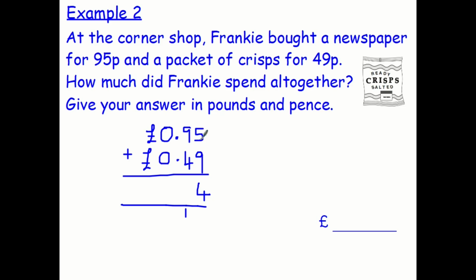So 5 plus 9 is 14, put the 4 there, carry the 1, 9 plus 4 plus 1 is 14, and carry the 1 again, and make sure you put the decimal point absolutely in line. 0 plus 0 is 0, plus the 1 at the bottom, don't forget that one, is 1. So the final answer is £1 and 44 pence.